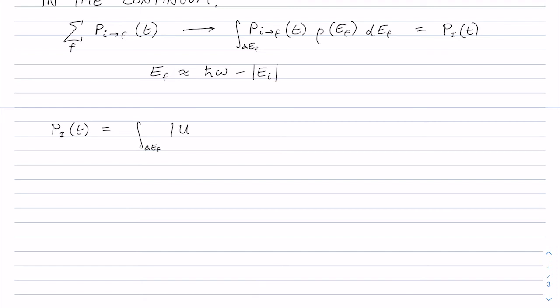The solution to P_i to F was |U_Fi|^2 over h bar squared, and then we had a sine squared of (omega naught minus omega) t over 2, over (omega naught minus omega) squared. So that was our probability of transition in the discrete case. And now we need to integrate that over the density of states, dE_F.